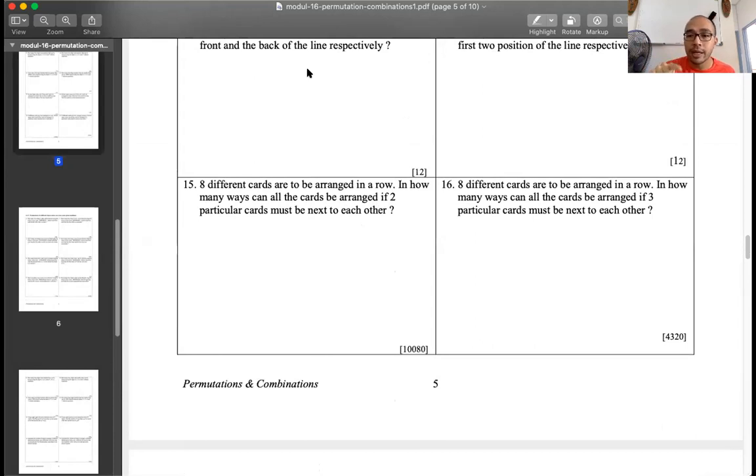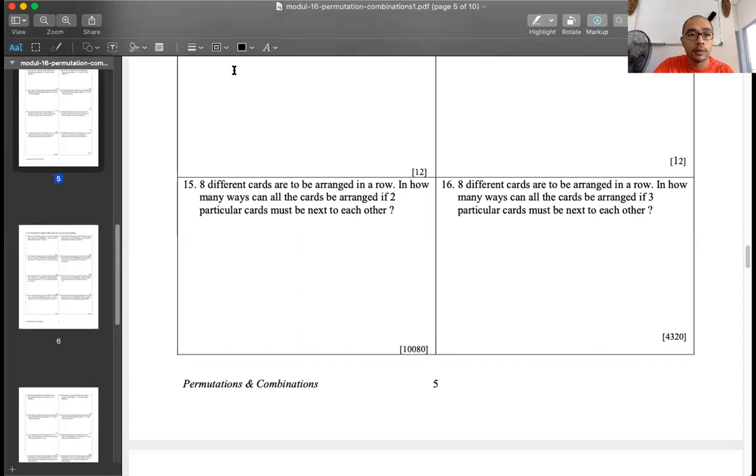This is the one that we did last class, and we said that if the 2 cards must be next to one another, you choose the 2 cards first, and then you group them together in the bigger arrangement. But remember that the 2 cards can also be permutated, so it's 2 factorial. So, 8 different cards. You want to arrange all 8 cards, so this will be 1, 2, 3, 4, 5, 6, 7, 8.